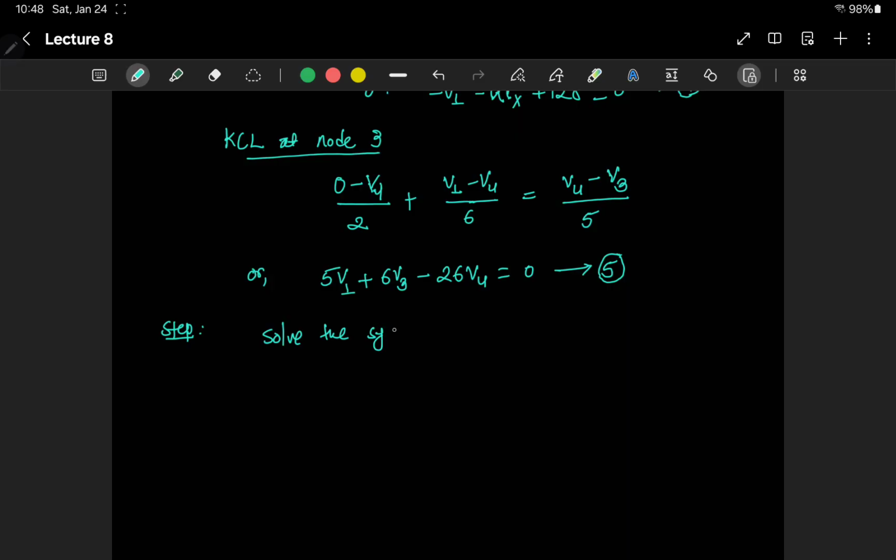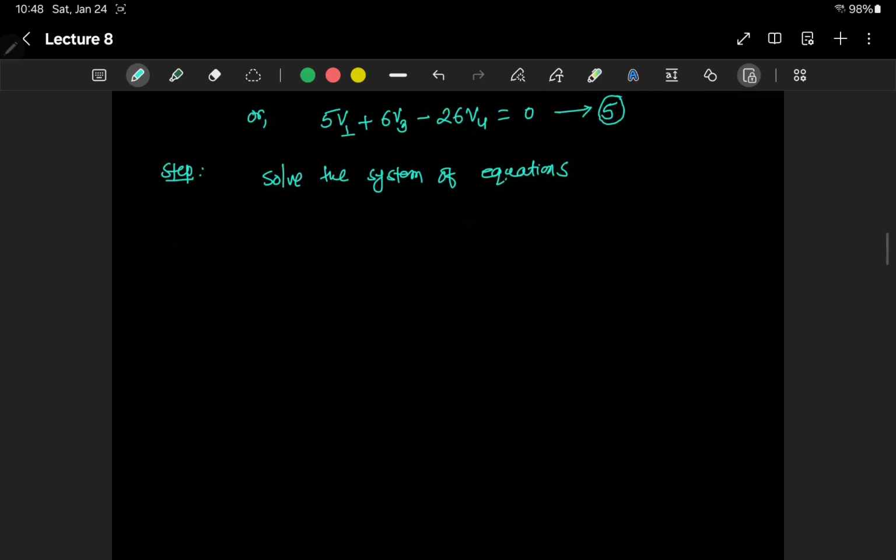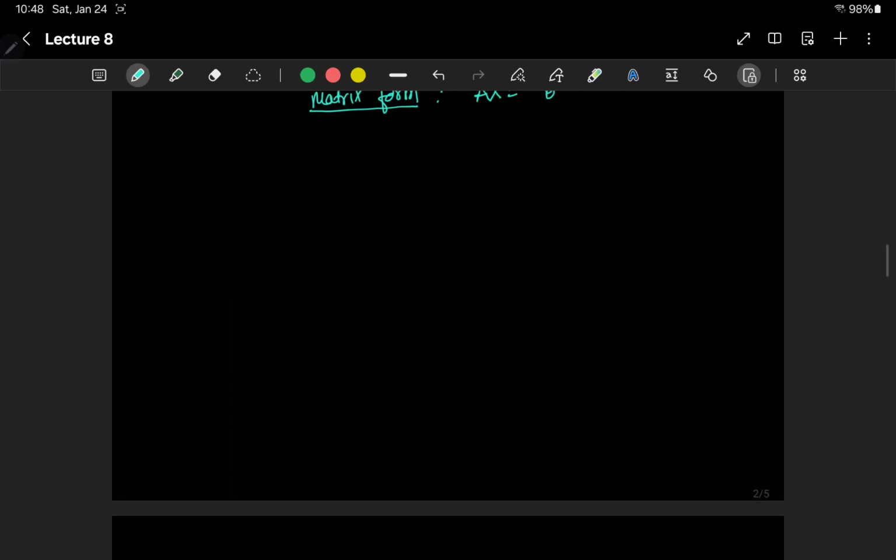Solve the system of equations. So we can write that in matrix form, and you can directly solve using calculator if the calculator has the capacity to do so, or you can simplify using Cramer's rule and calculate the determinant of each matrix and divide that.